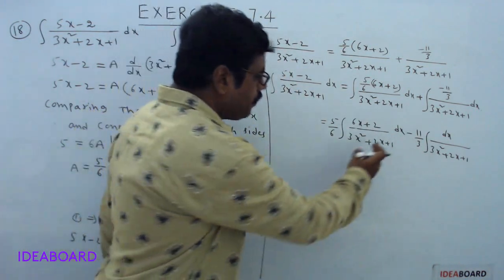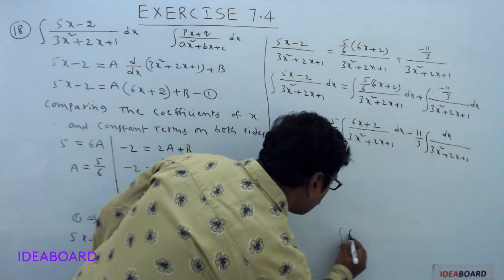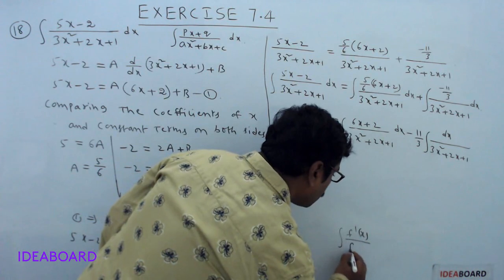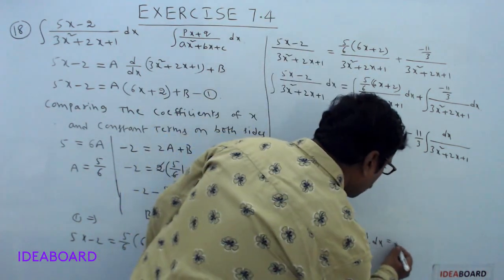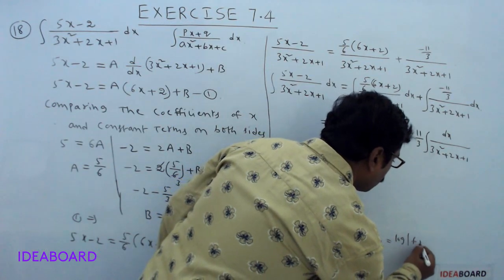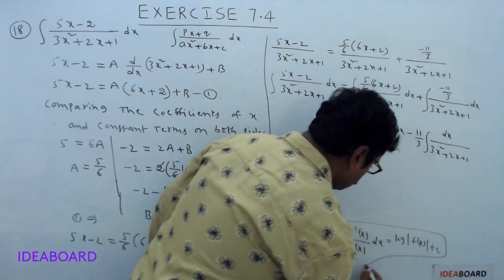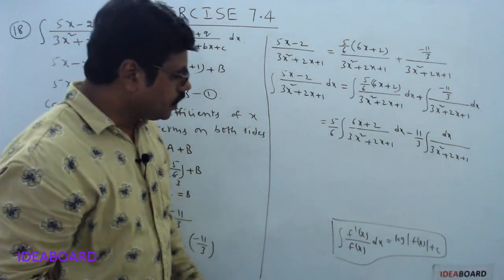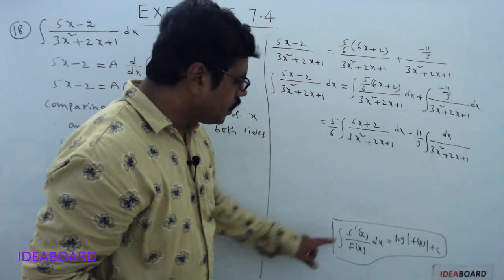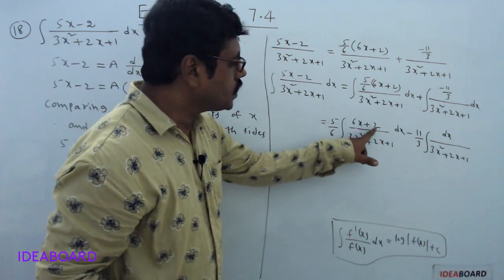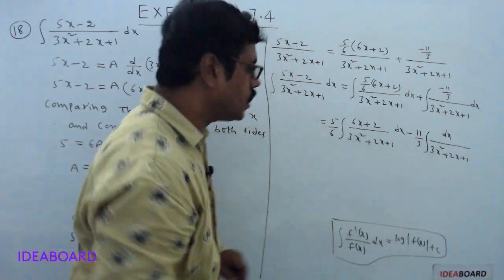Now, clearly, this integral is of the form integral f dash of x divided by f of x dx. What is its formula? Log mod f of x plus some constant c. Here f of x is 3x square plus 2x plus 1, f dash of x is 6x plus 2. So you can apply this formula on this term.